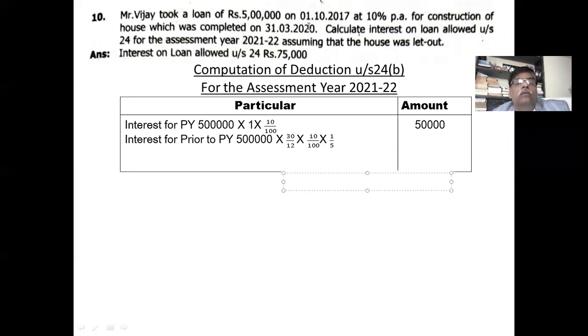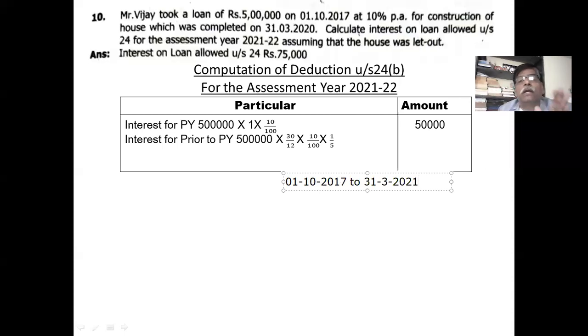Loan is taken on 1/10/2017. Loan taken date is 1/10/2017 to 31st March 2020.